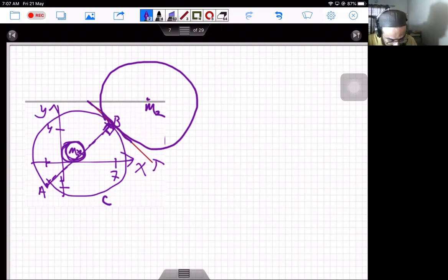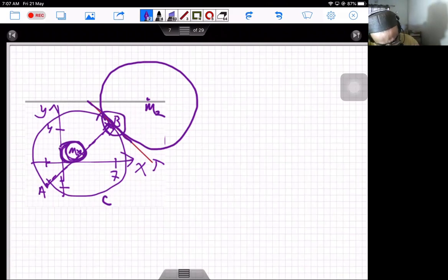So what you need to understand is that if this is your original center of the circle M, and this one is M2, then if you find the midpoint of M and M2, you will get the point B. You don't know the center of the second circle yet, so how to find this?